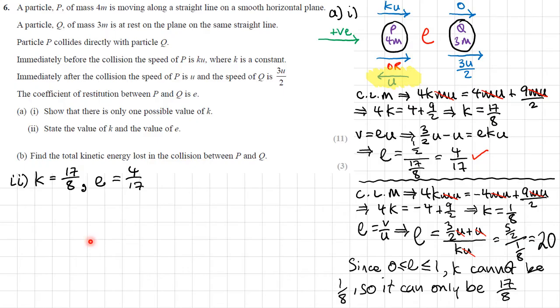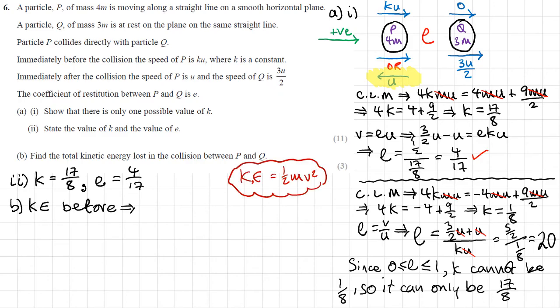Part b, find the total kinetic energy lost in the collision between P and Q. So we'll start by looking at the total kinetic energy before the collision, and that's only going to be the kinetic energy that we get from P, because Q is at rest. So that will be half m, and its mass is 4m, times by its velocity before the collision squared.